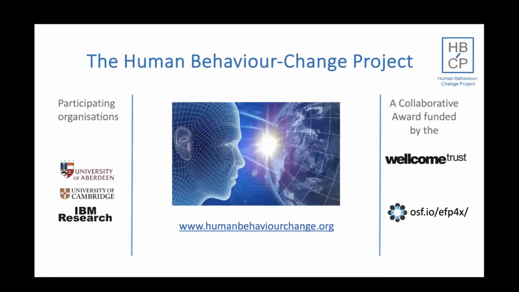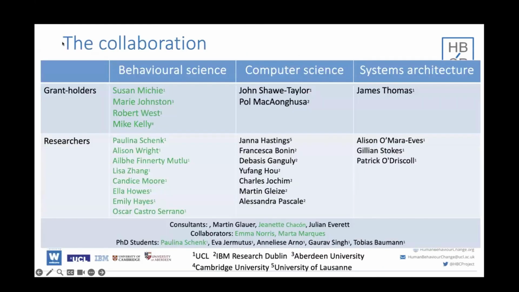This was a Wellcome funded, turned out to be, I think, a 6-year project, and it was a collaboration between behavioural scientists and computer scientists. As you can see in the next slide, a very large team over those years. There you can see in the green, behavioural scientists, computer scientists, and systems architecture who helped to put everything together.